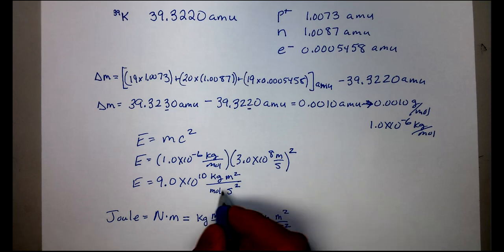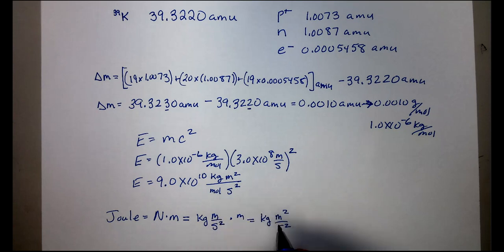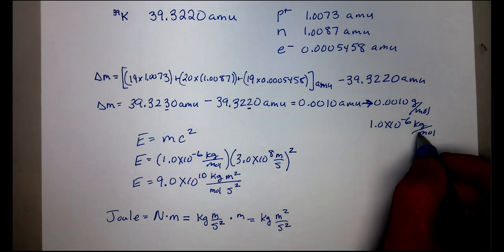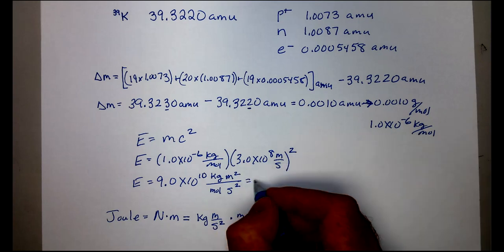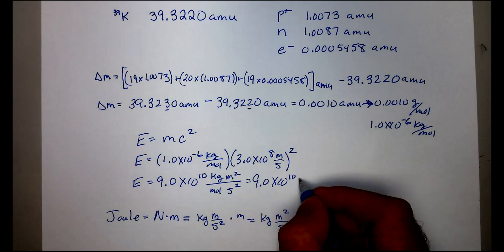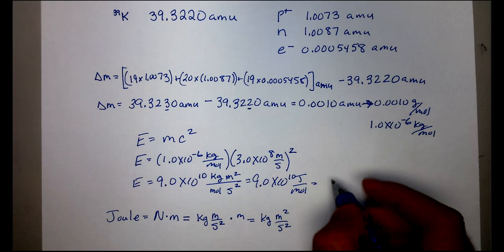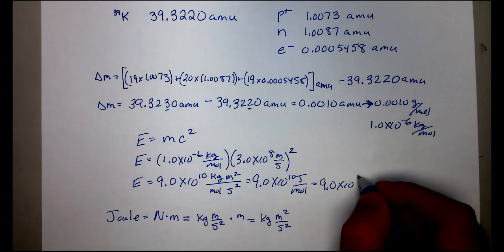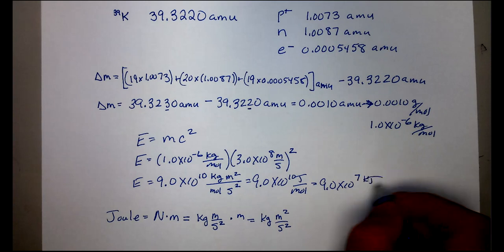And so we just got the mole kind of hanging out. So that's the reason I end up going to kilograms at this point. So that would be 9.0 times 10 to the 10th joules per mole. If you want kilojoules, knock 3 places off of it. 9.0 times 10 to the 7th kilojoules per mole.